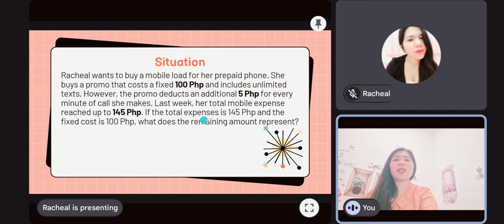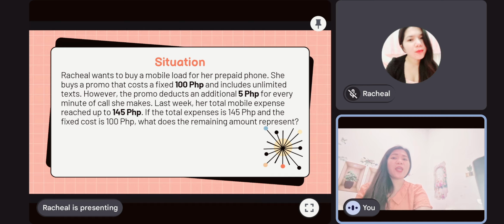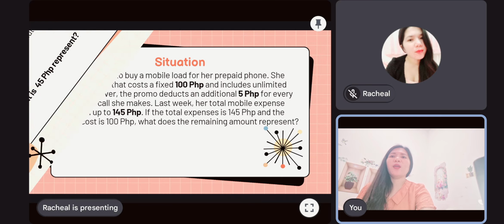If the total expense is 145 peso and the fixed cost is 100, what does the remaining amount represent? So let's extract something before creating an equation from this situation.